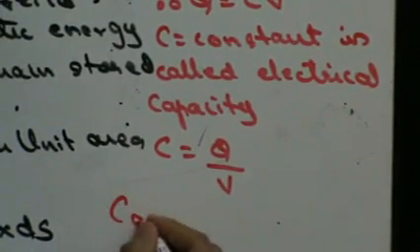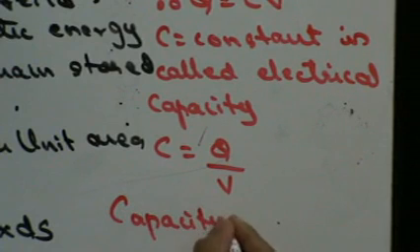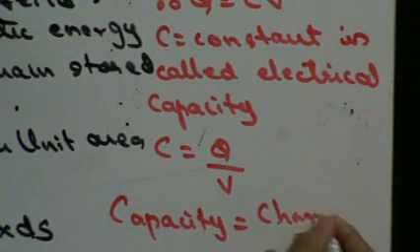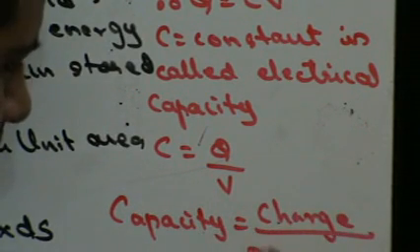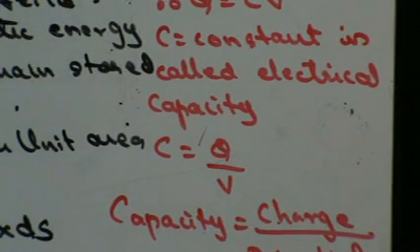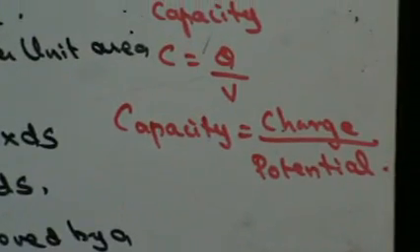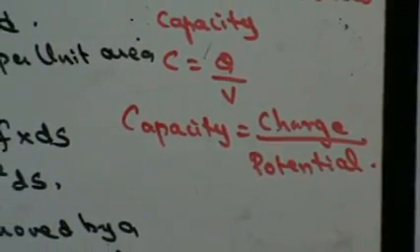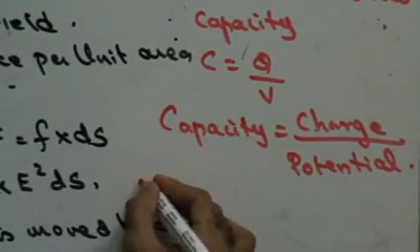That means capacity is the ratio of charge upon potential. Fine. Hence, the capacity of a conductor can be defined as the quantity of charge required to raise the potential by 1 unit. Definition.